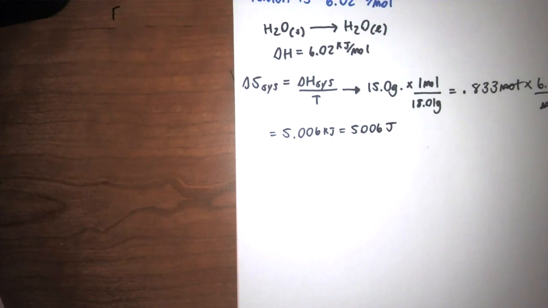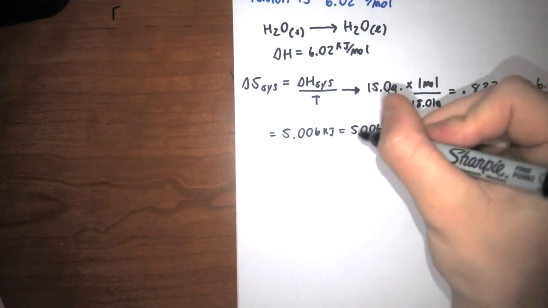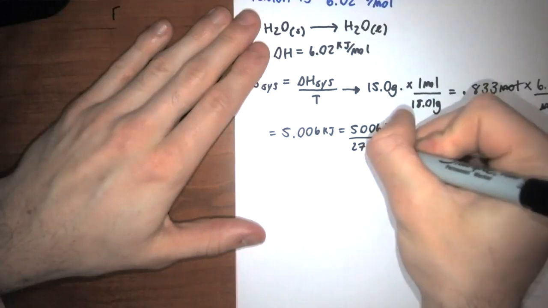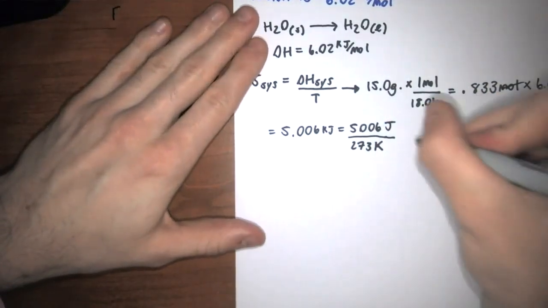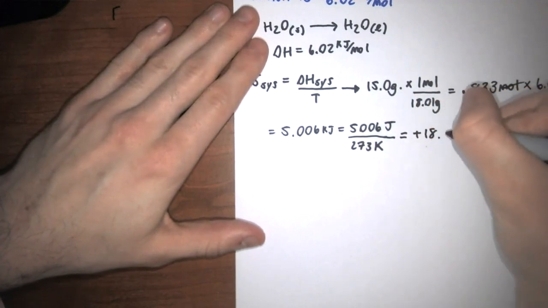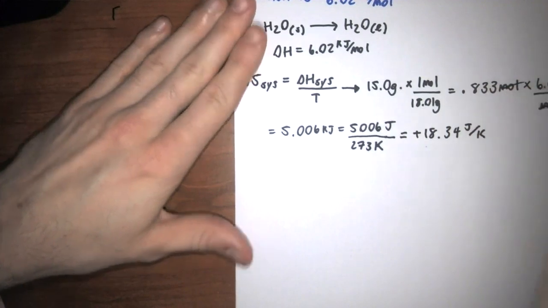So the delta S of the system right now, we have a delta H of 5,006 joules. Well, we know delta S is delta H, the energy, over temperature. We know our temperature, right? Our temperature is given to us, 273 Kelvin, which is equal to positive 18.34 joules per Kelvin.